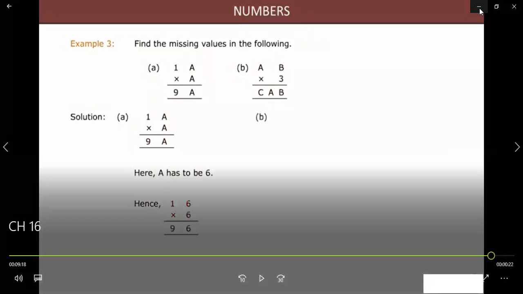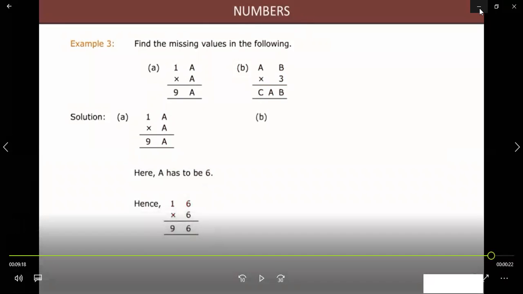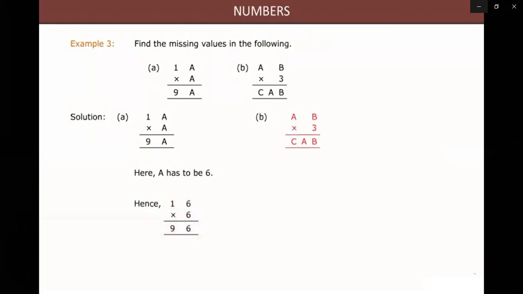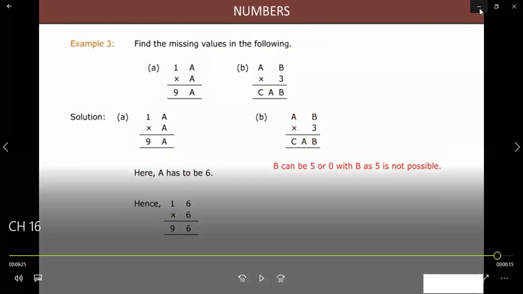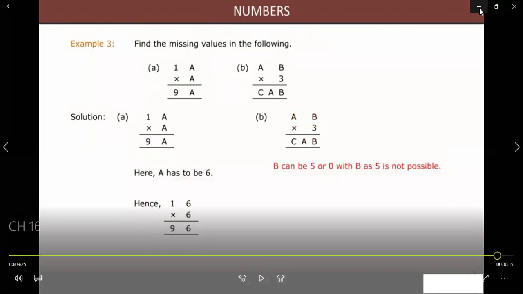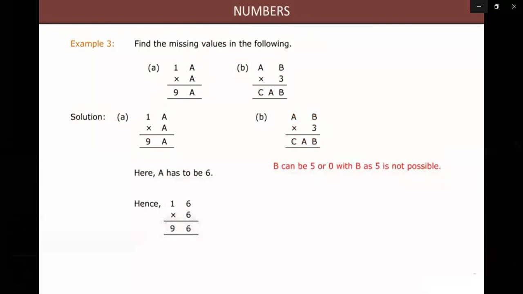If you multiply 0 into 3, you get 0, and if you multiply 3 into 5, you get 5. But 5 is not possible because we are doing this multiplication for 2 digits into 3, so we'll take the value of b as 0.